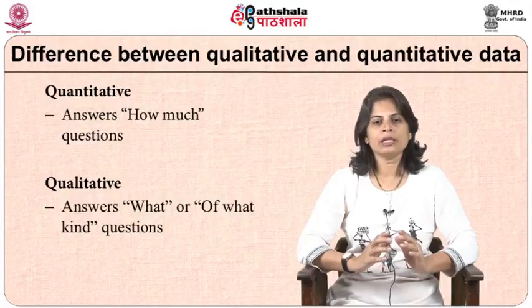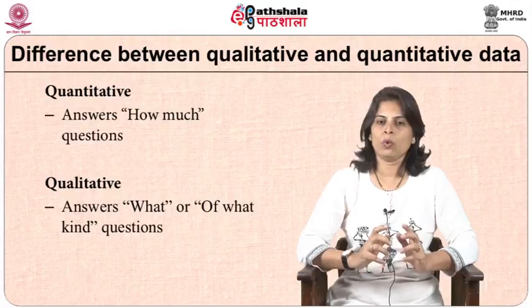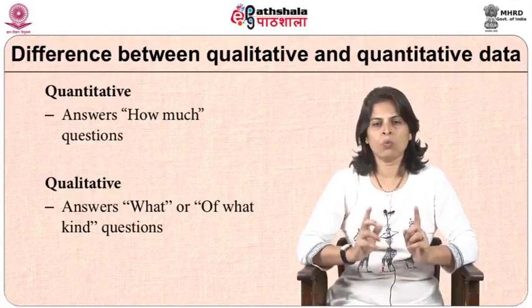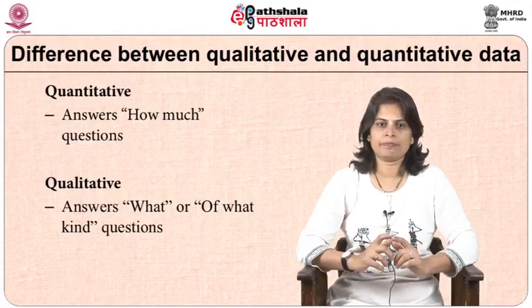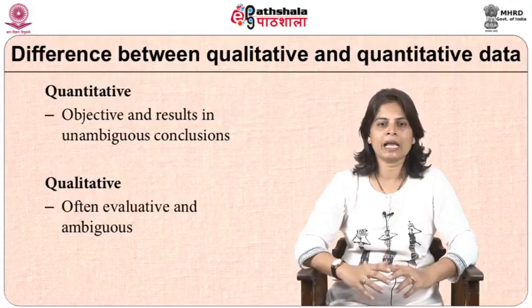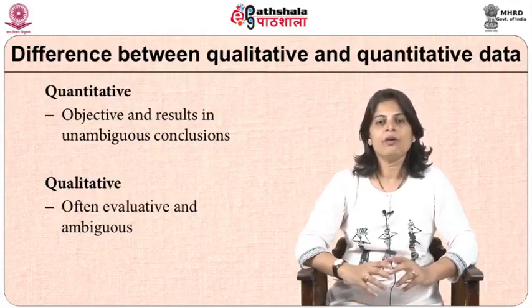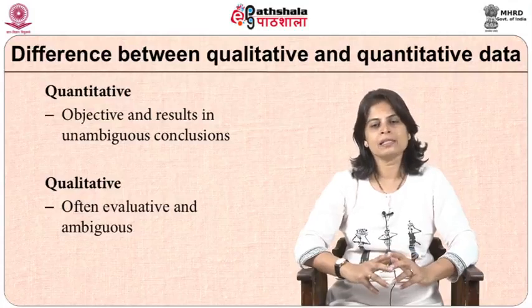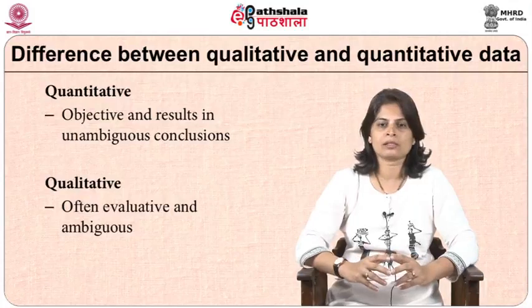Quantitative data usually gives answers to how much questions, while qualitative data answers the what or of what kind questions. The objectives and results obtained from a quantitative data analysis are usually unambiguous and conclusive, whereas in qualitative analysis, the results are often evaluative and ambiguous.